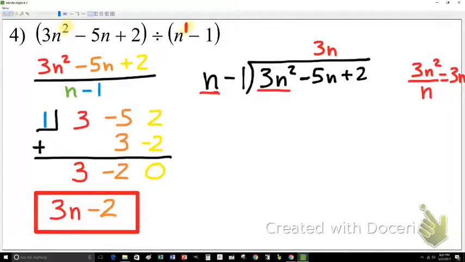Okay? And we place that answer underneath here. Alright? So 3n times n, that would be 3n squared. 3n times a negative 1, that would be negative 3n.